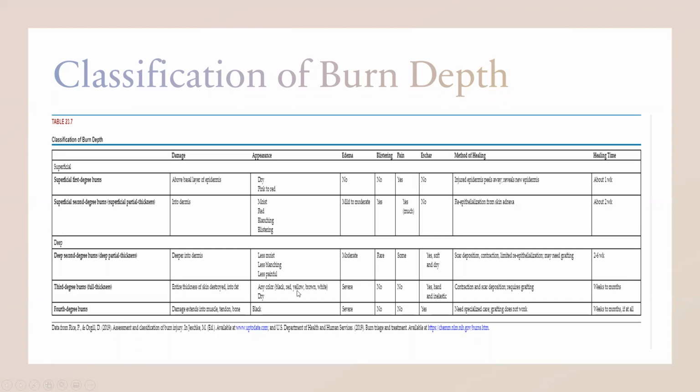Sometimes they'll go in the OR for debridement, depending on how bad the degree of burn is and the extent on the body, right? And then the appearance. So understand the difference in your first, second, and third degree burns and fourth degree burns. Superficial, deep, all right? And that first picture tells you as well, where I had the three different sections of skin.